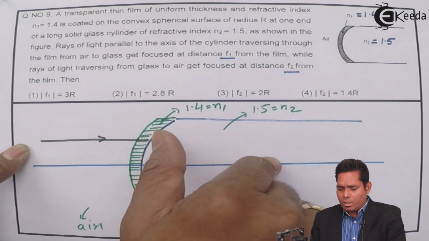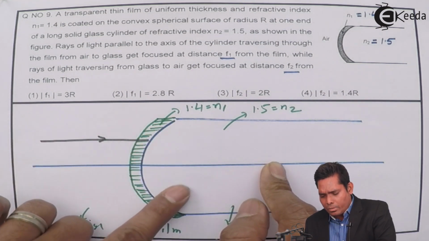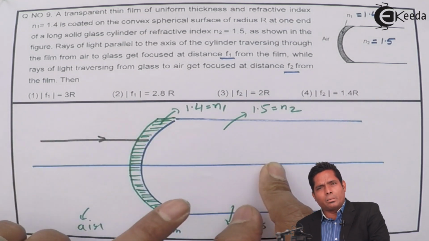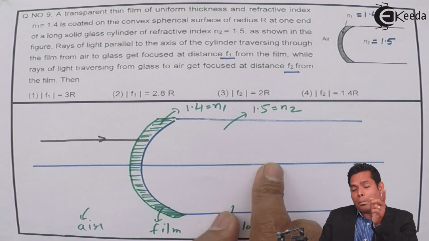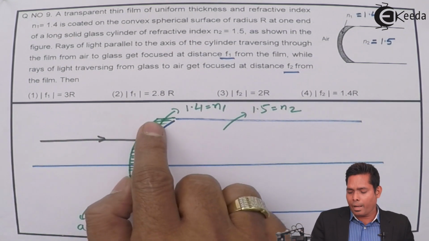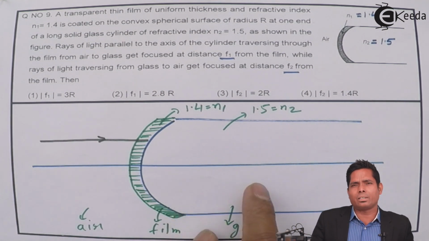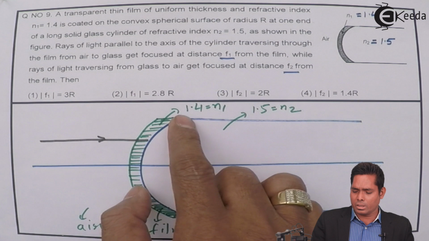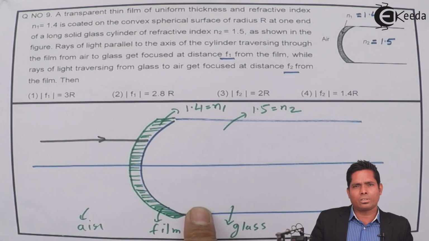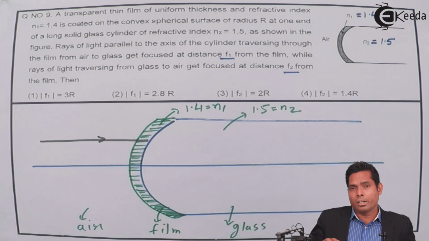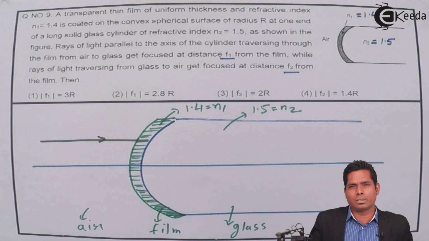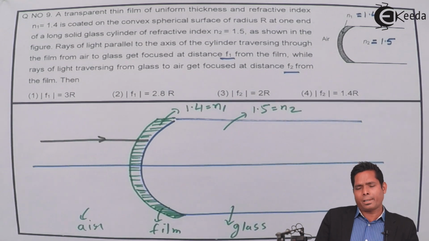But because we have another glass over here, so there is another medium, the image that would have been formed by the presence of the film alone will act as the object for this convex lens of the cylindrical glass. Therefore the image will be further shifted and formed somewhere else.